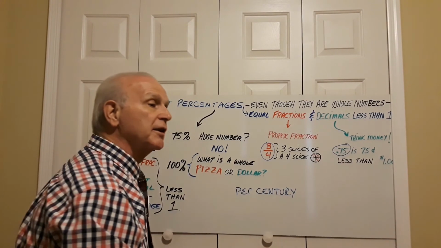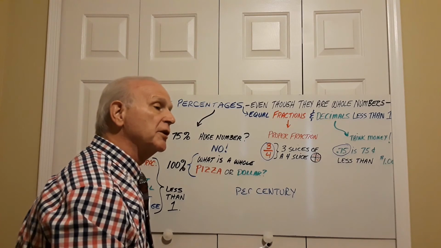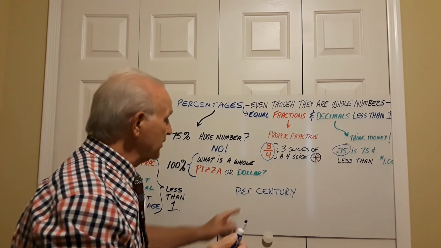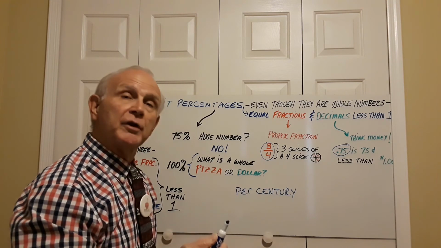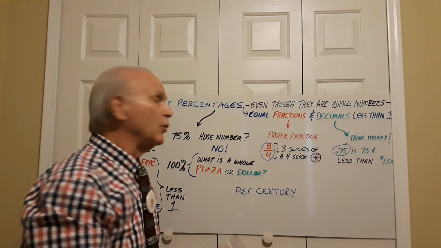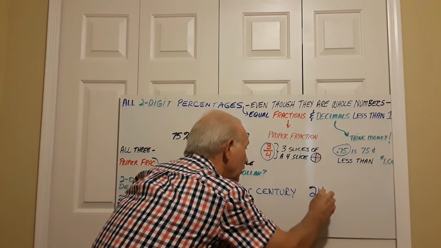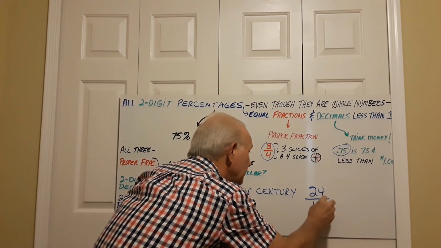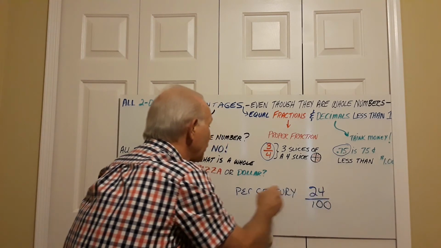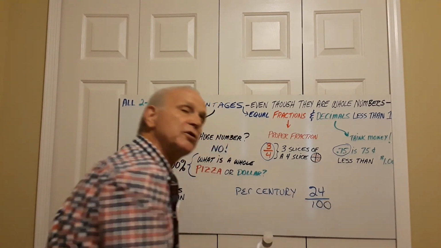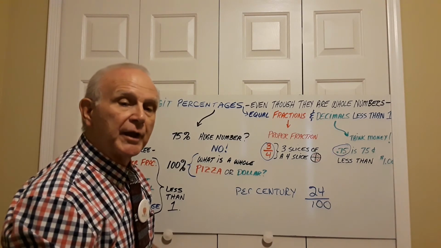So let's say in the 1900s, 24 years of the century were involved in a war, a global war of some kind. You would say that is 24 over 100. That's 24 per century, 100 years. That's where that came from.